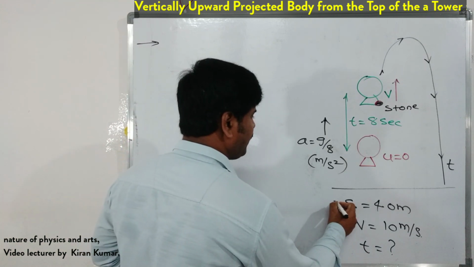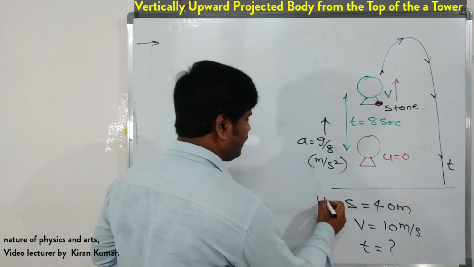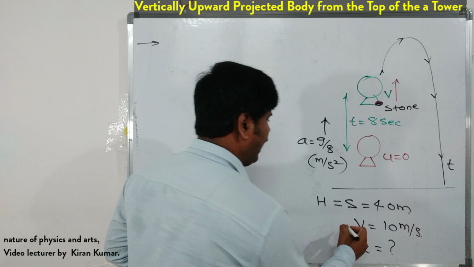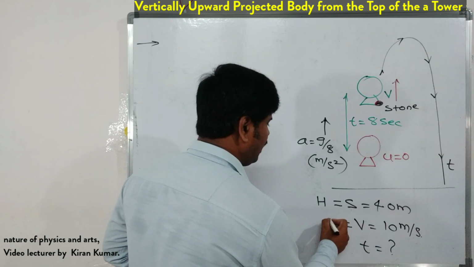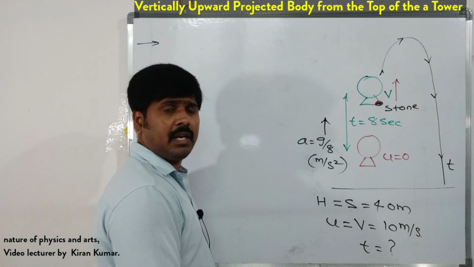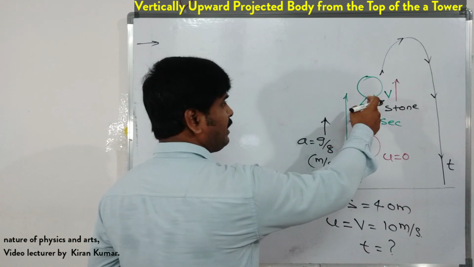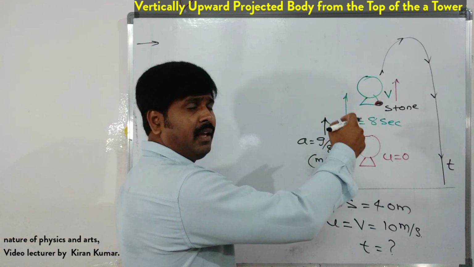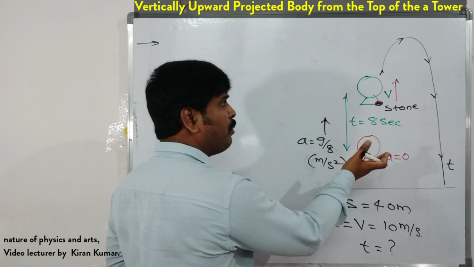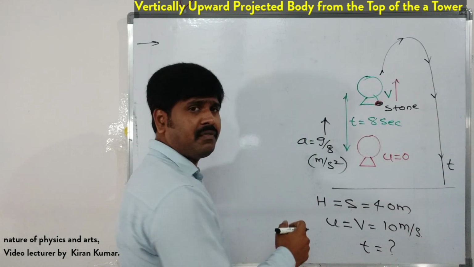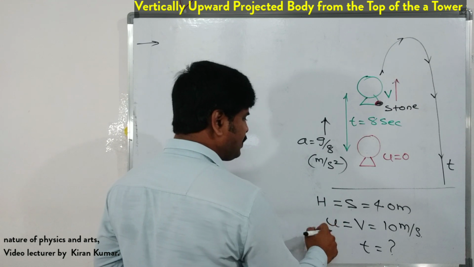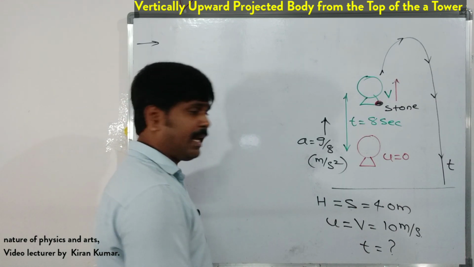Here this displacement is taken as the height of the tower, and a body is vertically projected with an initial velocity. The stone is dropped, but the stone is in the balloon, so initially the stone also moves with the same velocity as the balloon, taken as u is equal to 10 meter per second.